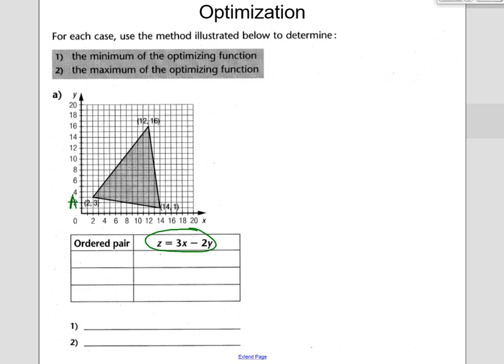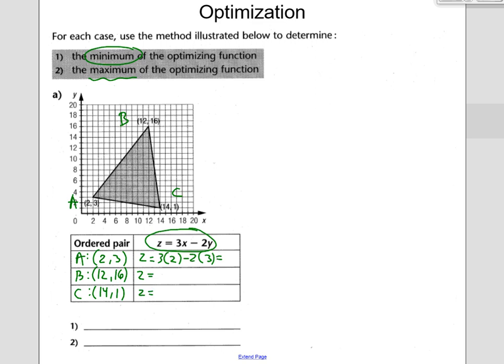So if, let's say, my points are A, B, and C, I'm going to write A is (2, 3), B is (12, 16), and C is (14, 1). And then I'm going to plug that in my rule to see who has, in question 1, they want you to find the minimum, and in question 2, they want you to find the maximum.